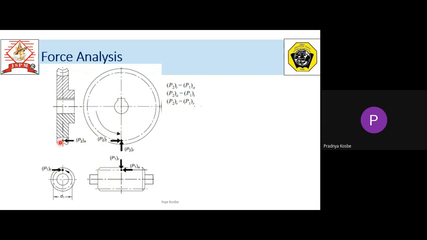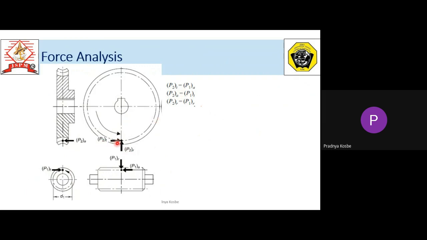Then P1T is tangent to the pitch circle diameter at the point of contact, the tangential component of the worm, and P2T acts tangent at the pitch point, the tangential component of the worm wheel.